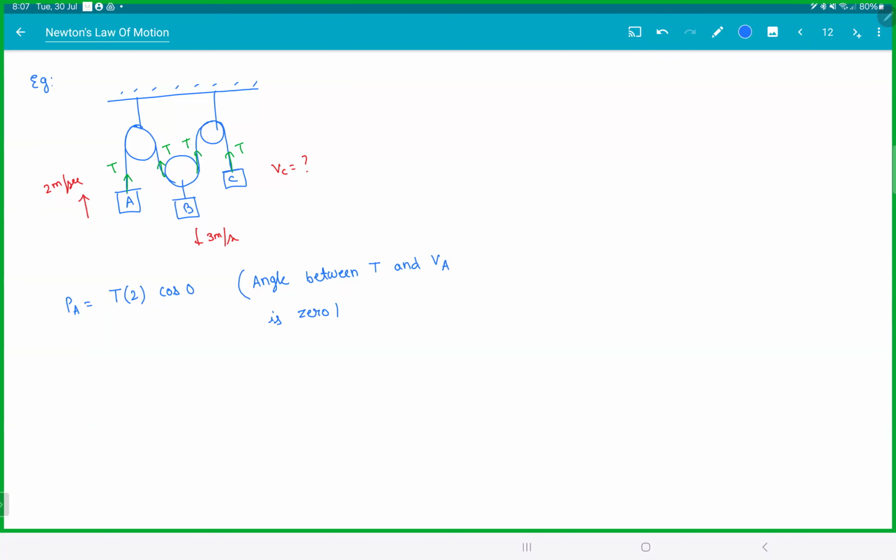You can say component of tension into this. Power on B is 2T, velocity is down, so -3. Power on C is TVC. Total power is 0: PA plus PB plus PC. So 2T minus 6T plus TVC is 0. So VC is equal to 4.